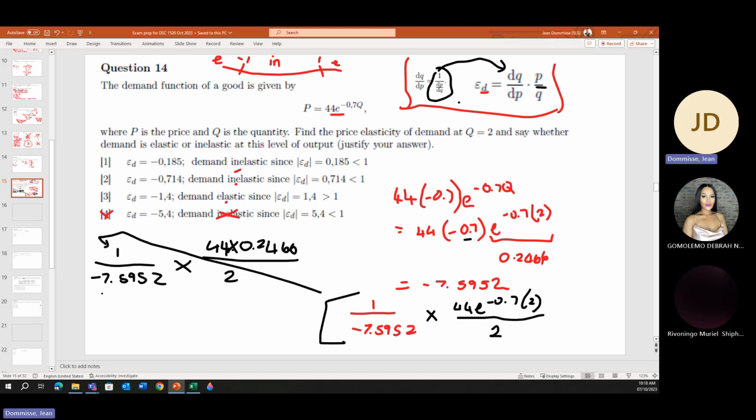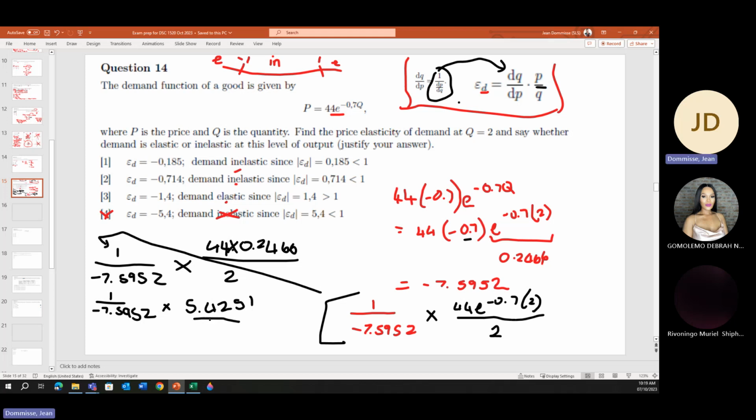So 1 over 7.5952. 44 times that gives us 10.85. If I divide that by 2, we get 5.4251.